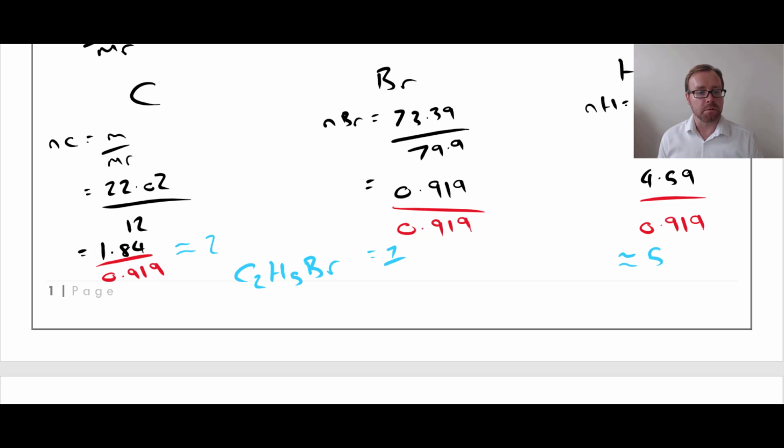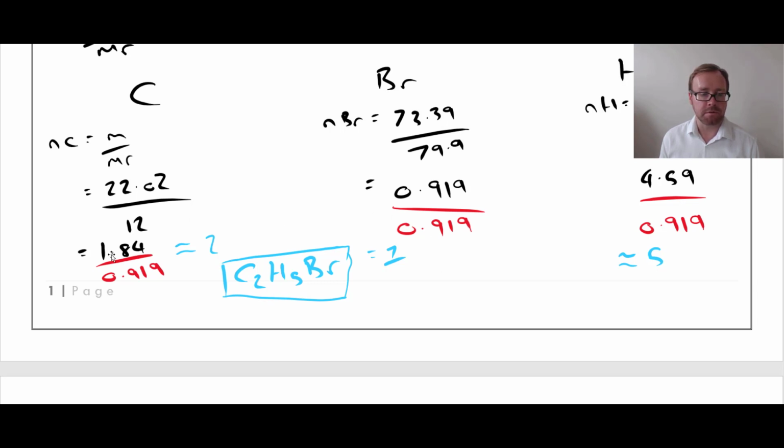So my empirical formula must be C2H5Br. So I worked out my number of moles using the percentages converted into mass in the question, and then I divided by the smallest number of moles to give me my whole numbers.